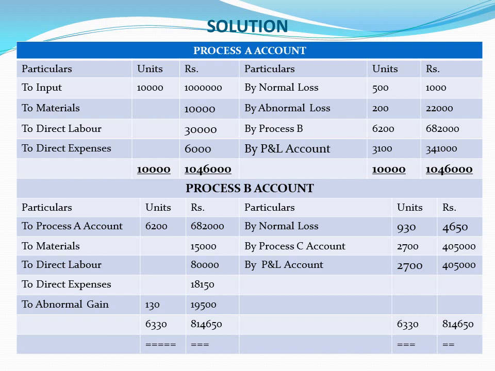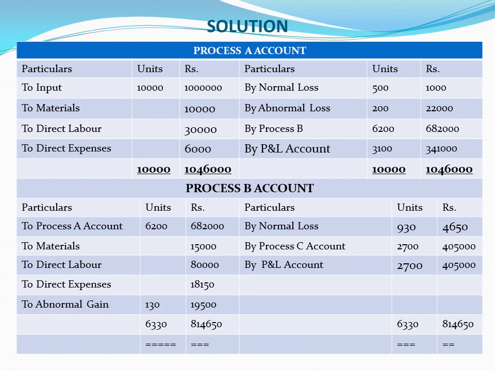Here we see that the normal loss unit is 930, and by process C account we have given that the total units available are 5,400, of which half is transferred to the process C account.